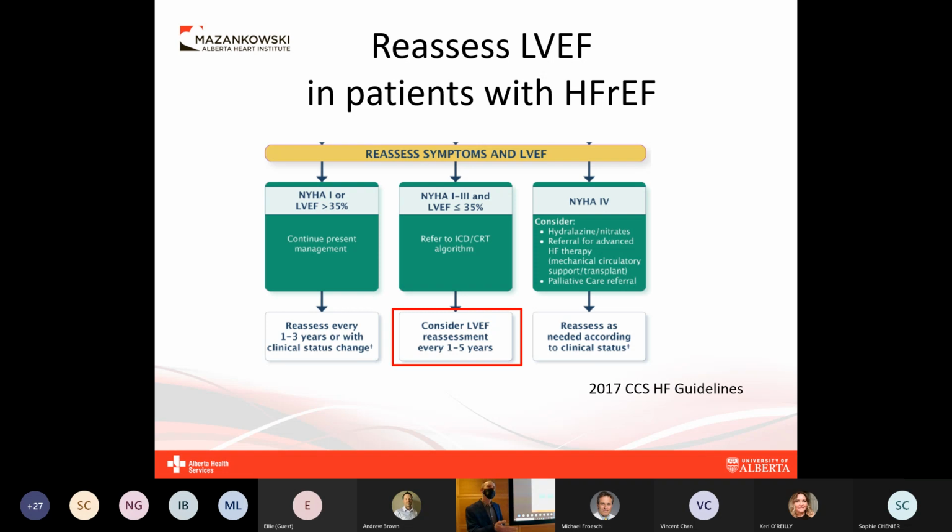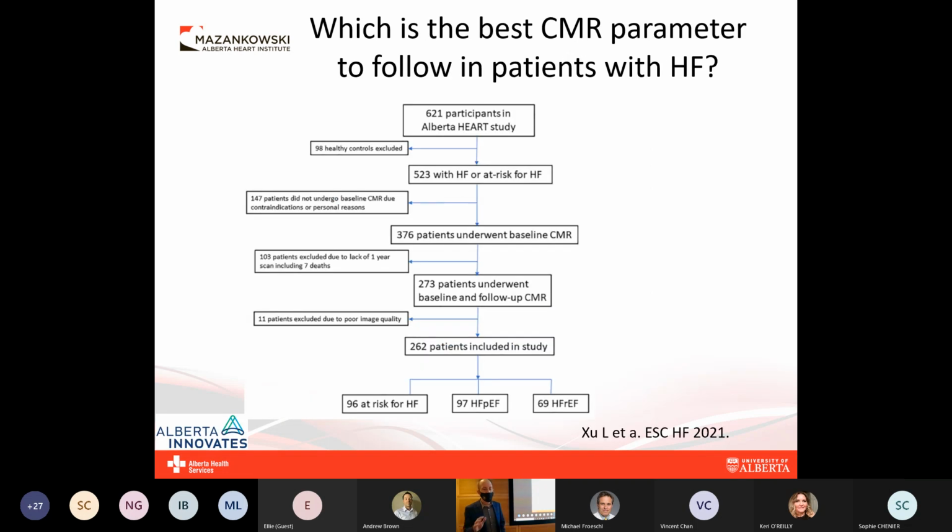He showed that patients who have recovered EF tend to have better prognoses than patients who do not have recovered EF. So there's potentially a rationale for checking their ejection fraction. But again, there's not a lot of evidence, and not a lot of MRI evidence that I'm aware of, following patients serially with heart failure.